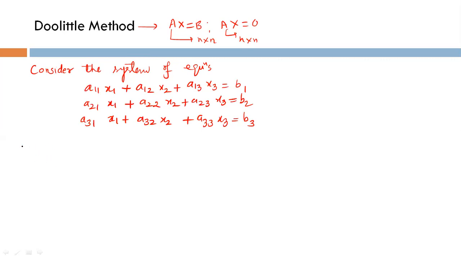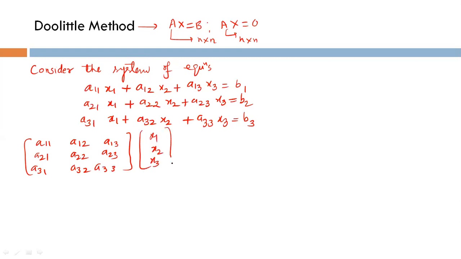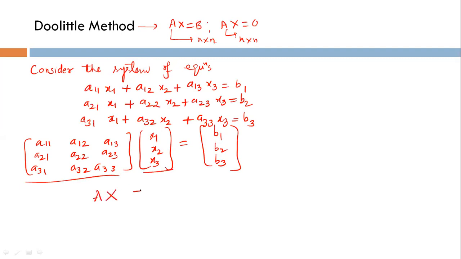This system can be written with the coefficient matrix A11, A12, A13, A21, A22, A23, A31, A32, A33, times X1, X2, X3 equal to B1, B2, B3. This is matrix A, this is matrix X, and this is matrix B. So this is a system of AX equal to B.